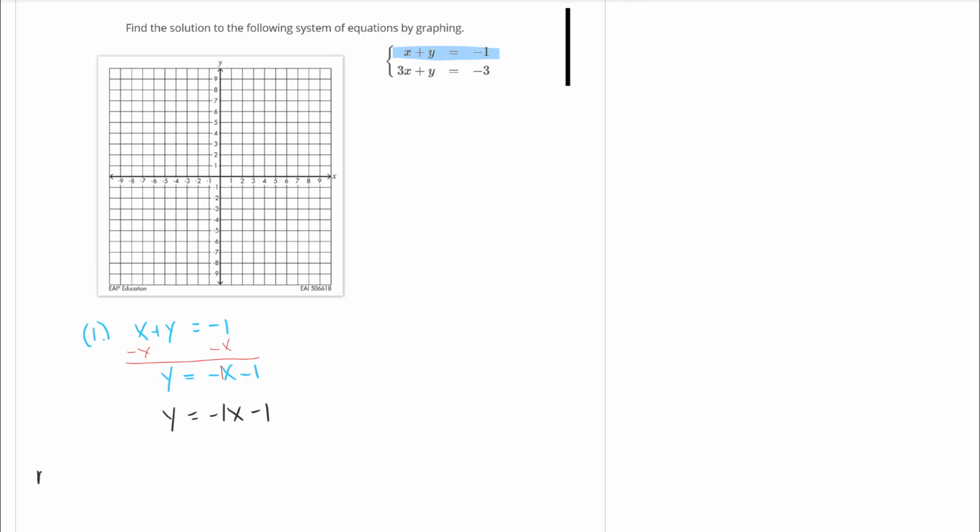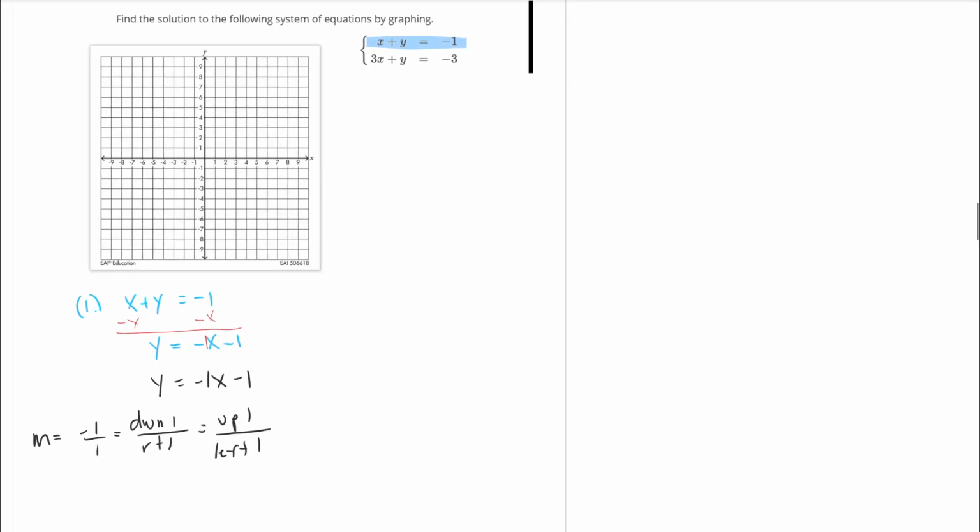So we can say that my slope is negative 1 over 1. So I would go down 1 and to the right 1, or you can go up 1 and left 1.